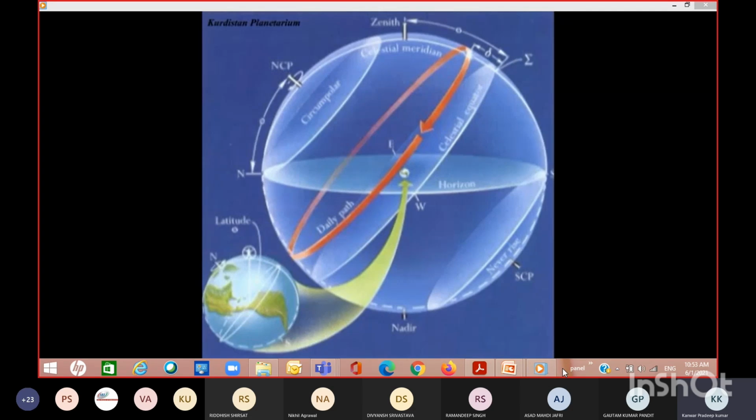You can see the horizontal circle marked horizon. So while the red circle is going below the horizon also, the small circle on the left is not going below the horizon. What does this mean, gentlemen?